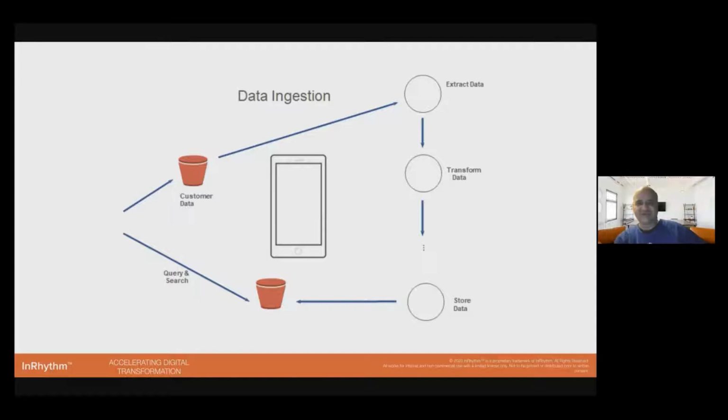You might be extracting from a data warehouse, from a web page, or from a REST API. For transform, you can have any kind of transformations here. And at the end, you store this data in a data lake, or any data store or object of your choice.